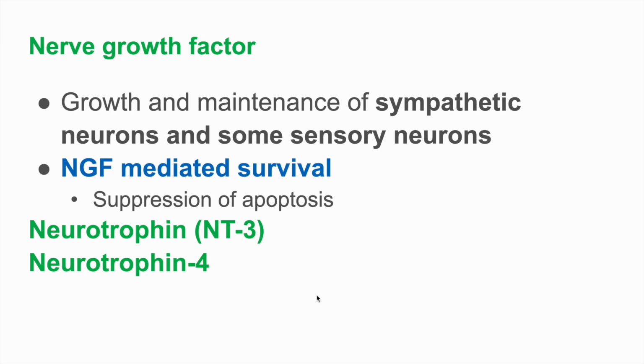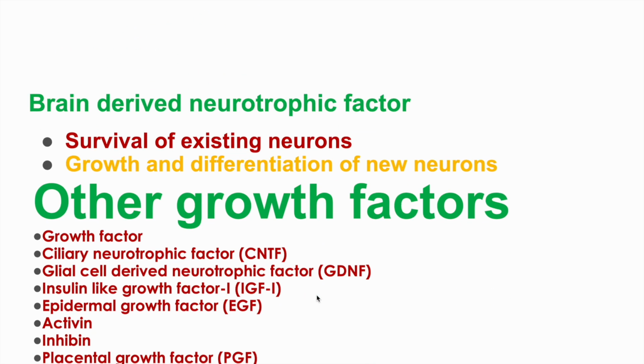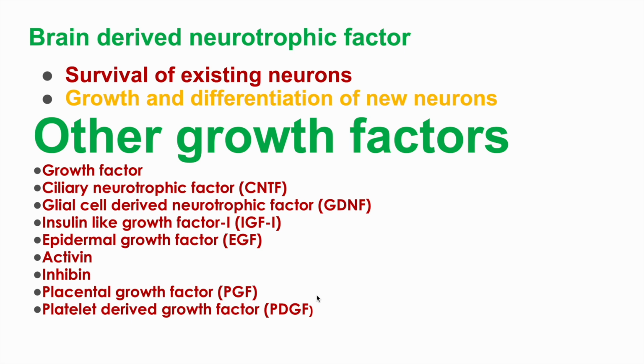Neurotrophin 3 and neurotrophin 4 are examples. There are also brain-derived nerve growth factors for survival of existing neurons, and growth and differentiation of new neurons in our body.